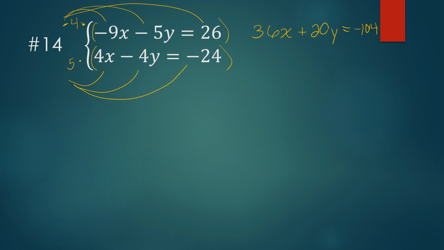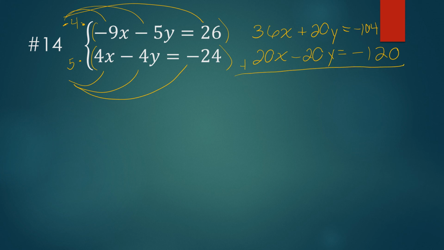And then I need to distribute to the bottom everything, even the other side of that equal sign. Don't forget about that. So then I have 20x minus 20y equals 5 times -24, -120.